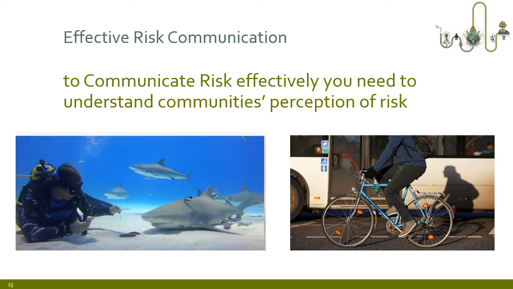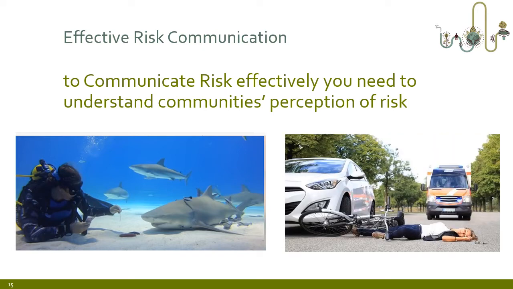As it turns out, sharks are not particularly interested in hurting humans, but people die in traffic-related accidents every day. This illustrates how actual risks may not align with people's perceptions of the risk from these scenarios. To communicate risk effectively, you need to consider people's perceptions.